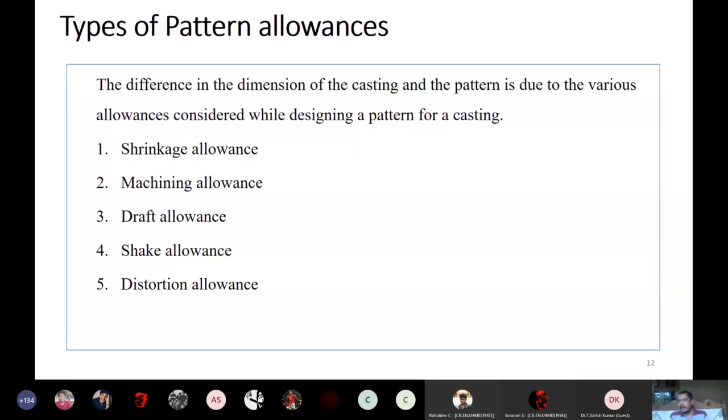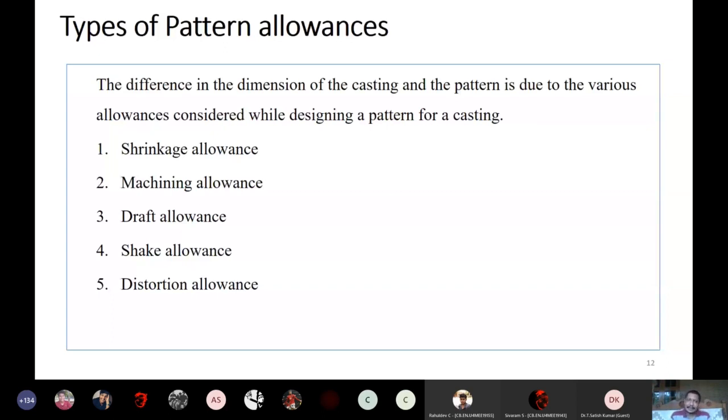When you make the pattern, you are making it in the dimension of the casting, but you cannot make it exactly in the dimension of the casting.